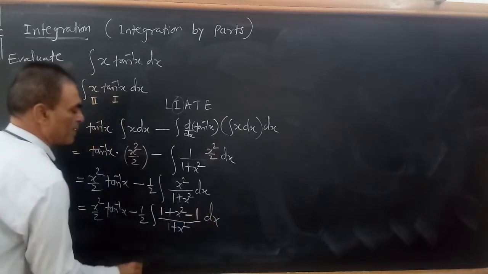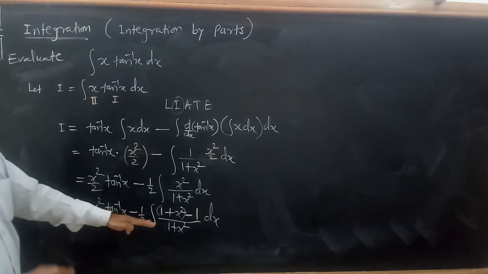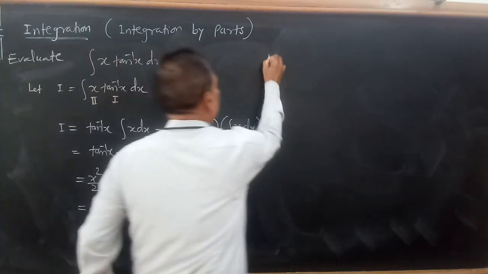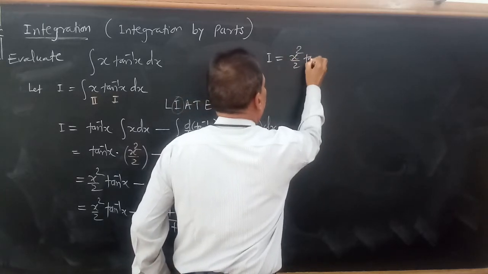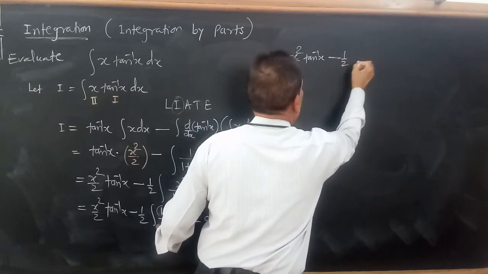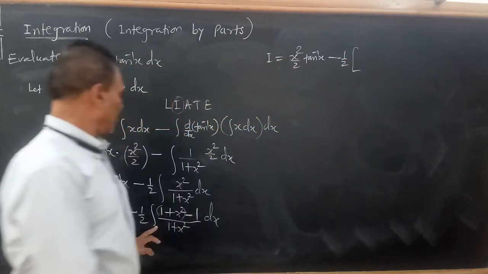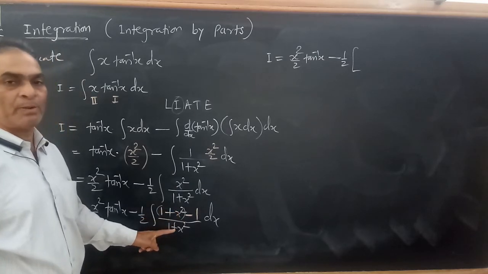Okay, collect these two terms together and separate the denominator. You will get I equal to x square by 2 tan inverse of x minus 1/2 into bracket. When we separate, 1 plus x square divided by 1 plus x square means 1.